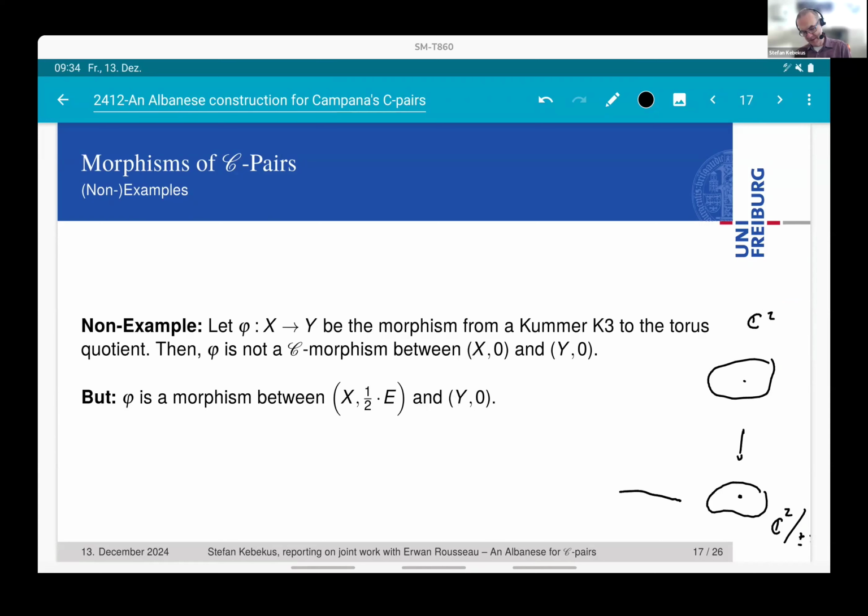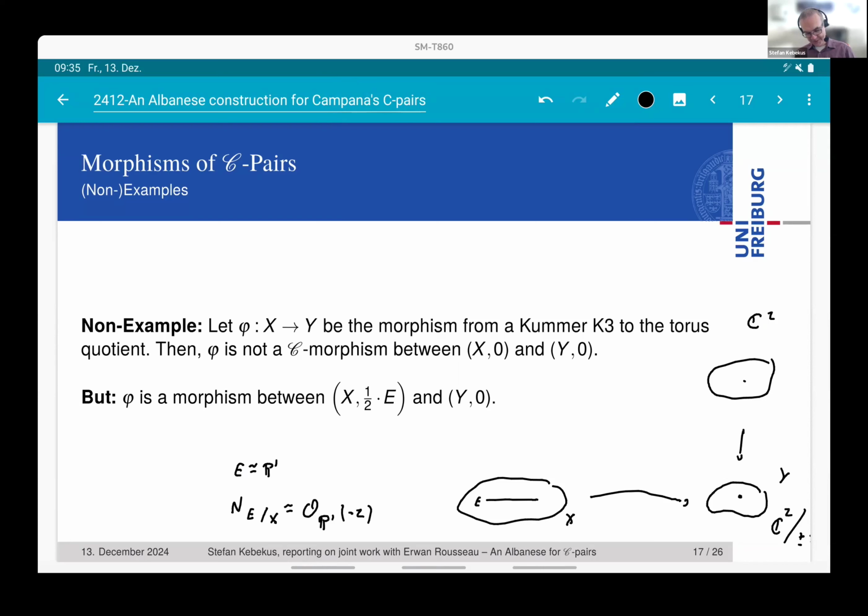And I can blow up the A1 singularity and get a space here that is smooth, has an exceptional divisor E, and E is isomorphic to P1. And we know the normal bundle of E inside, so this is Y, this is X, inside X is O_P1 of minus 2.